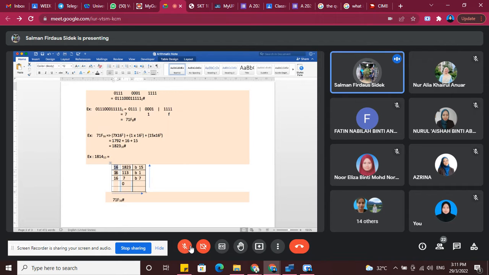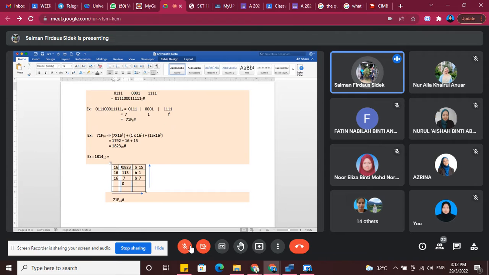Dia tak termasuk A dengan F. Sebab yang kita bahagi 1823 dengan 16 tadi, that 16 do not include A to F. 16 tu dalam decimal, betul atau tidak?